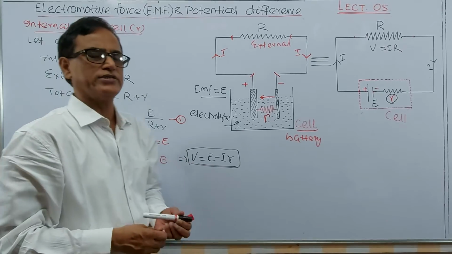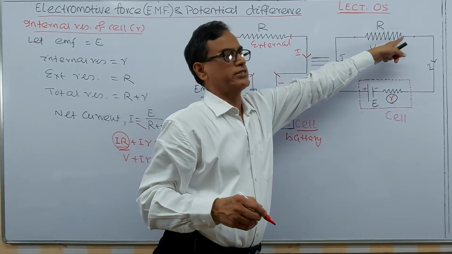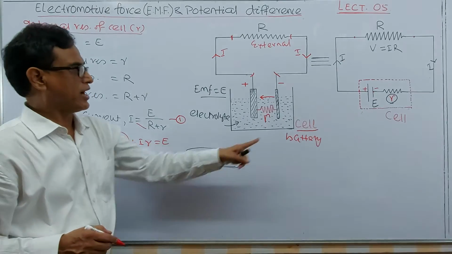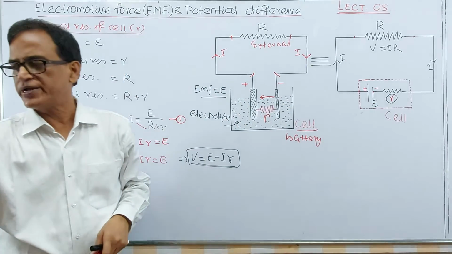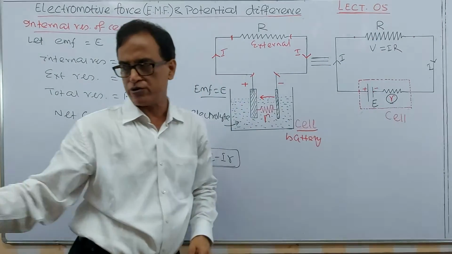Now the question here arises: V is the potential difference across this resistance, not across the entire circuit. E is the EMF applied, which the battery applies, 1.5 volt, each battery constitutes 1.5 volt, but this V is not 1.5 volt.